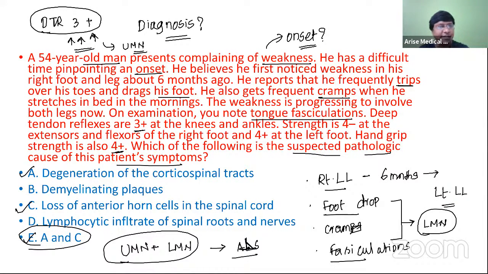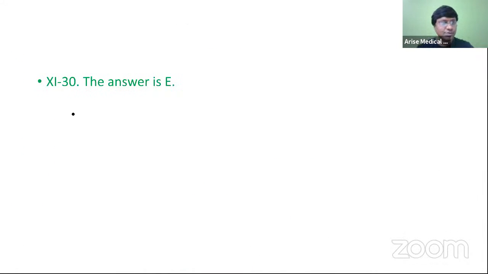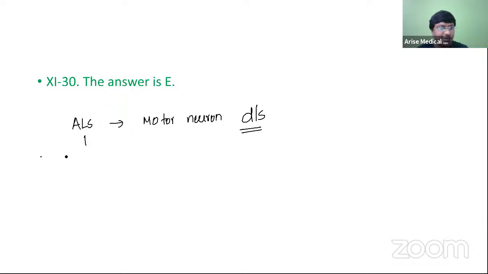Now, let me tell you a few points about amyotrophic lateral sclerosis. It is a motor neuron disease. In amyotrophic lateral sclerosis, both upper motor neuron and lower motor neuron are affected.